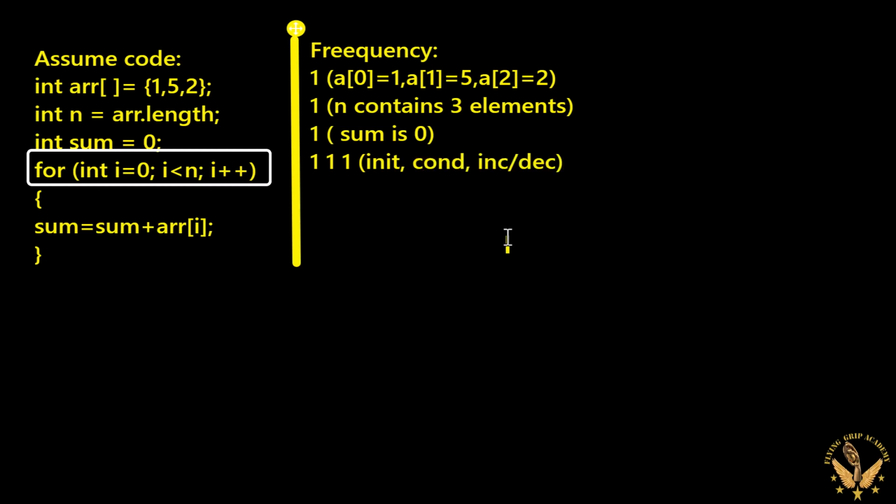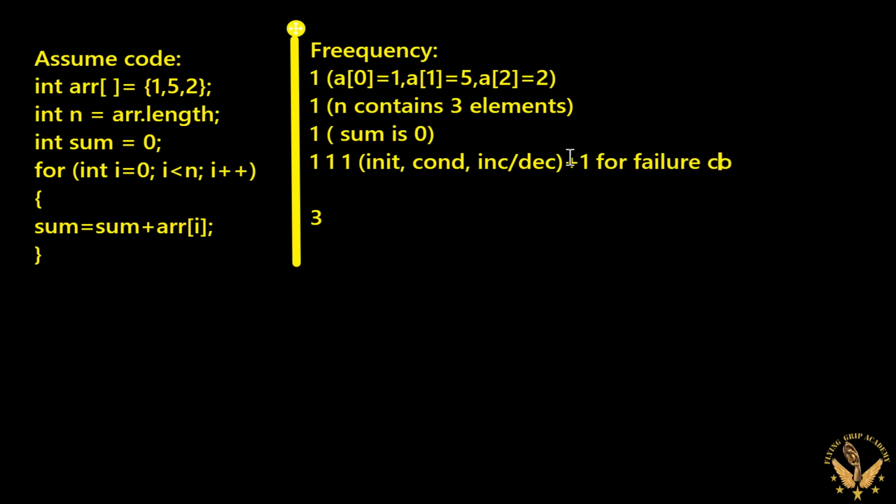In the next phase, it goes inside the for loop and sum equal to sum plus array of i, which specifies the index element. The index element will be added to the resultant sum. So it is going to execute 3 times inside the for loop. At the end of the for loop, it goes again to the condition check statement, where i is less than n.